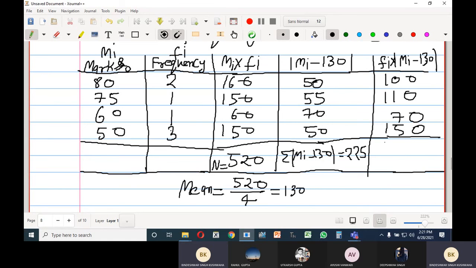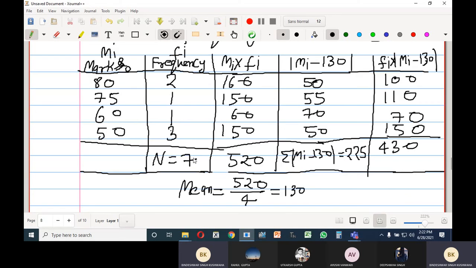So 430. Okay. And sorry, here not capital N actually. Here I'm not going to write capital N. Let us leave it as it is. Capital N is here, the total frequency. So 2, 3, 2 plus 1, 3, 3 plus 1, 4, 4, 3, 7.